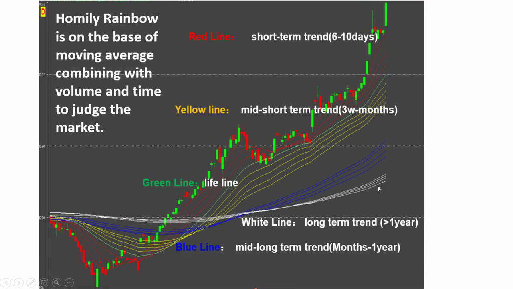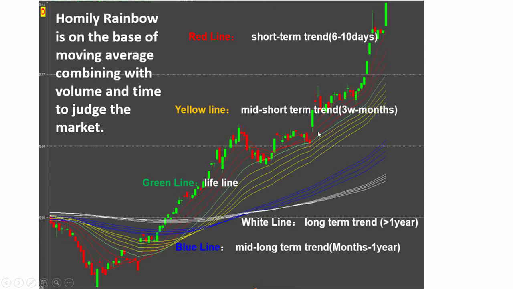The white line can tell us the long-term trend, whether the market is bull or bear. The blue line can tell us the mid-long term. Long term is more than 1 year. Mid-long term is a few months to 1 year. The yellow line is mid-short term, 3 weeks to a few months. And the red line is short term, 6 to 10 days.